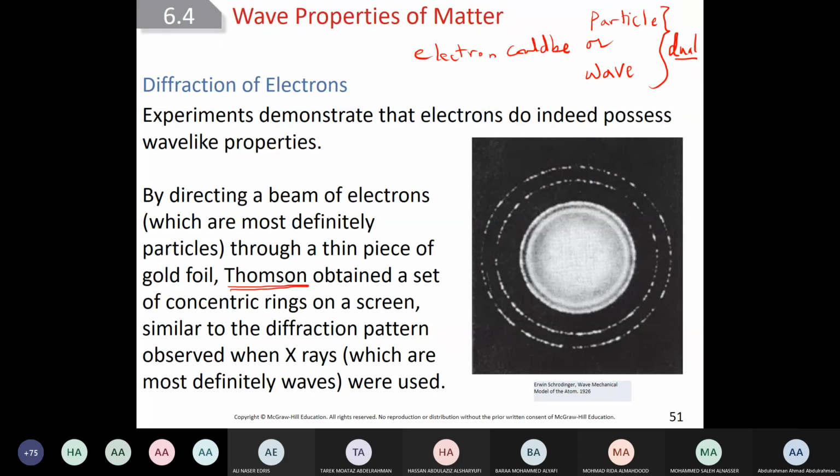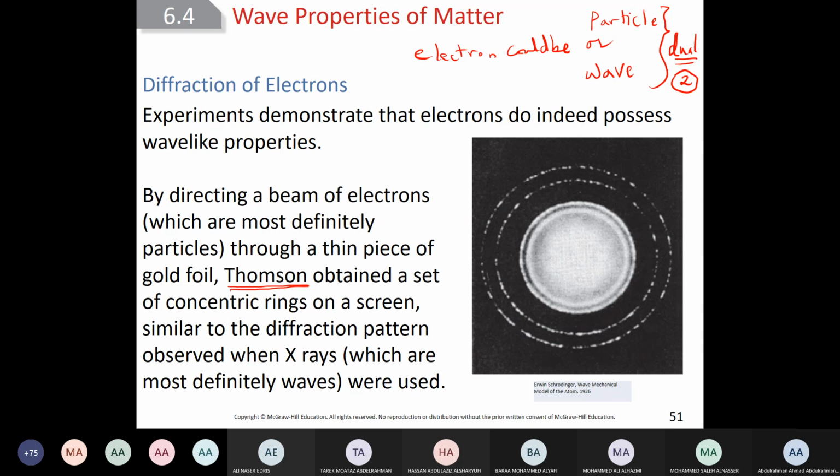Dual means two. The dual function of the electron is that it could be particle or wave. This was already done by de Broglie also.